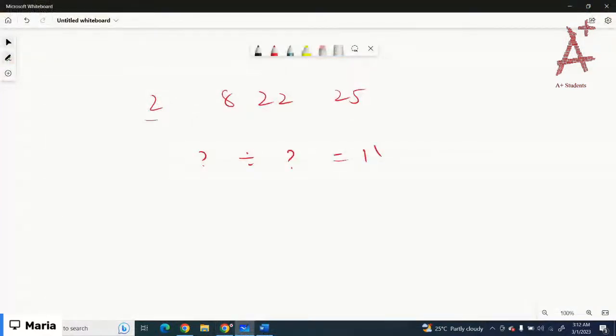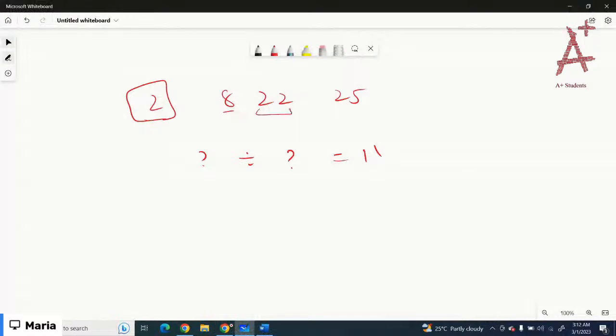Just start from the first number. Here you have 2. 11 cannot be divided by 2. Here you have 8. No, 11 cannot be divided by 8.